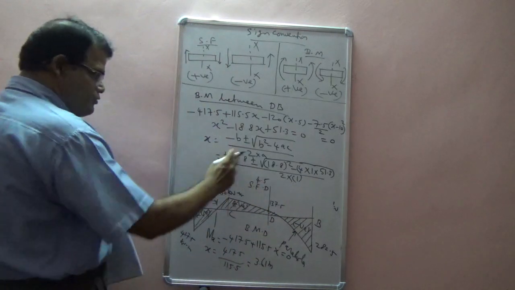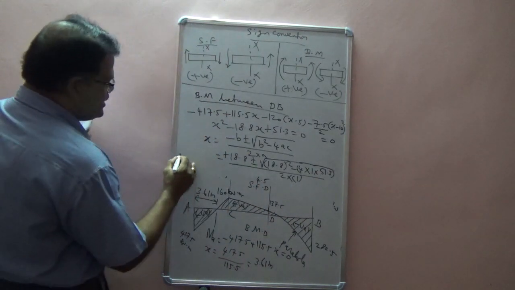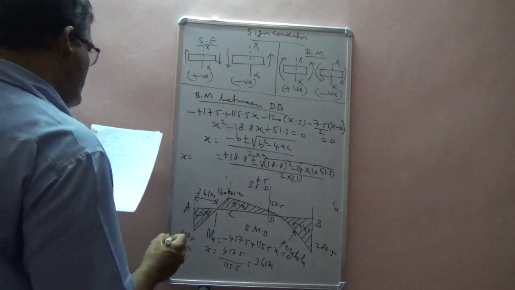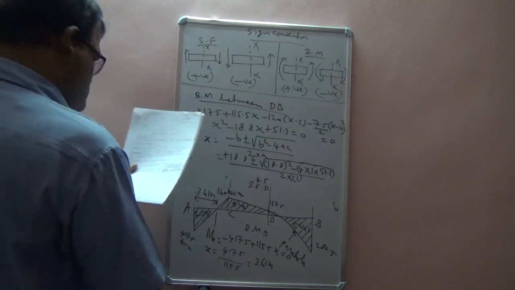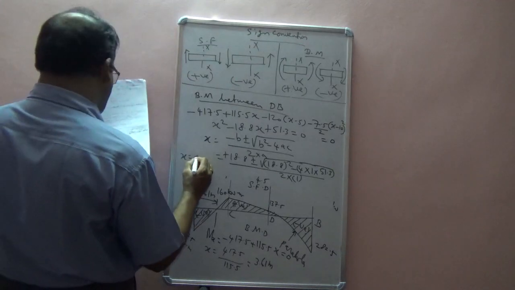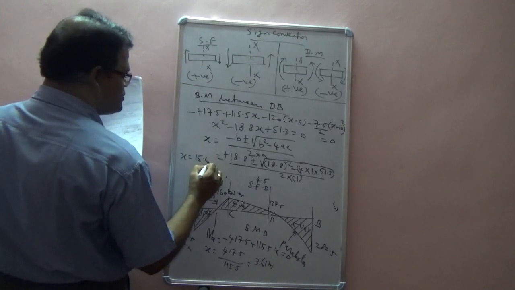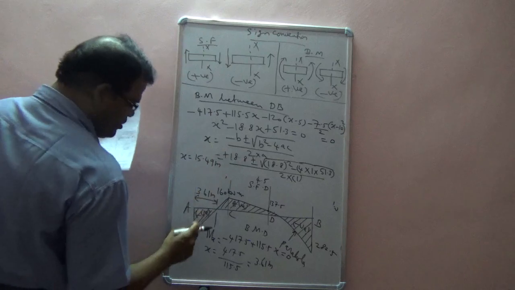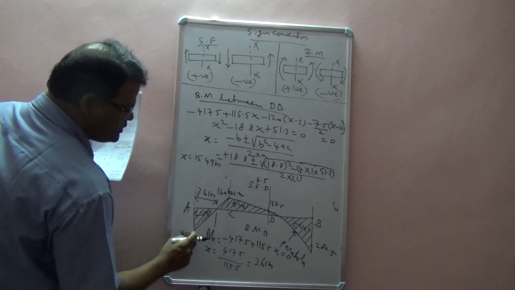Now if you solve this equation, you get one value which is lower than some value, so that you can't use, and the other is 15.49 meter from point A.